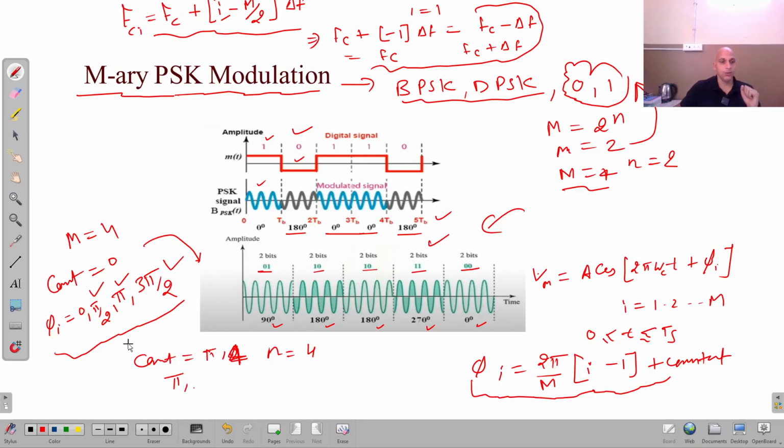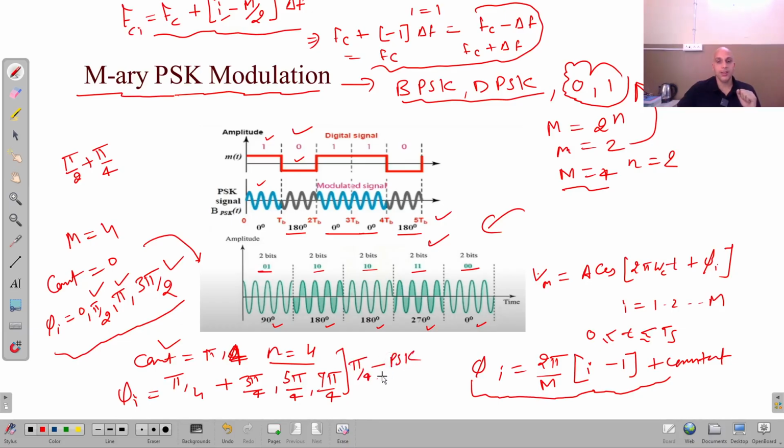If the constant is pi by 4 and M is 4, then 0 plus pi by 4 is pi by 4, pi by 2 plus pi by 4 is 3 pi by 4, right? Similarly, the next will be 5 pi by 4, and the next will be 7 pi by 4. So these are the different phase angles when I take the constant equal to pi by 4 and M equal to 4. So this type of modulation is called pi by 4 M-ary phase shift keying, right?